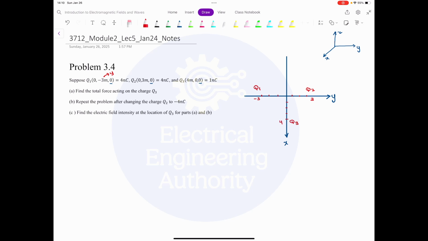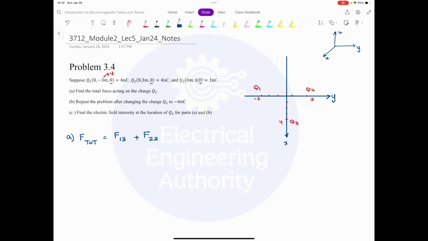Now, part A, we want to find the total force acting on the charge Q3. So at part A, we need to find the total force that is acting on charge Q3. We have two more charges, Q1 and Q2, and they are both exerting some force on point Q3. So we have F13 as the force that is exerted on Q3 based on the existence of Q1, plus F23, that is the force being exerted on point Q3 due to the existence of Q2.